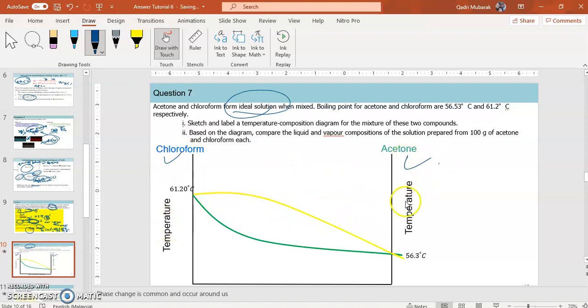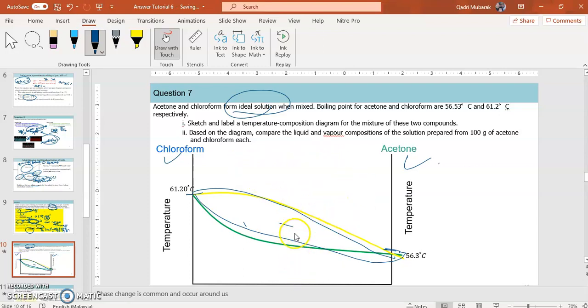From the question, we are given the boiling point for acetone, 56.53, so we plot it here, and also the boiling point for chloroform, 61.20. Here we just sketch it like this, and we can have a simple visualization diagram for our mixture.